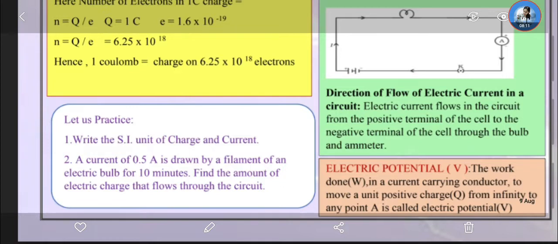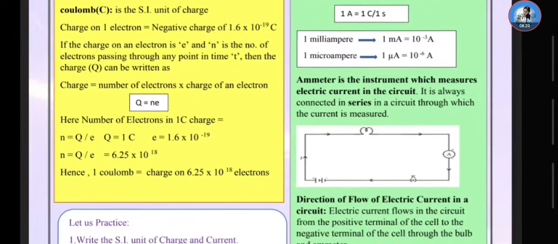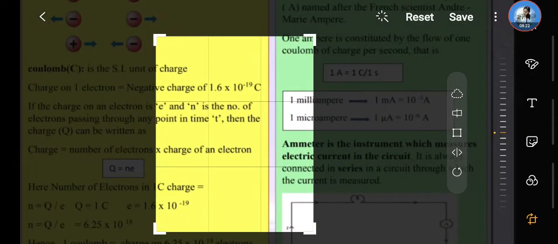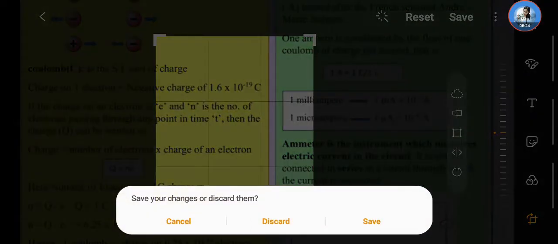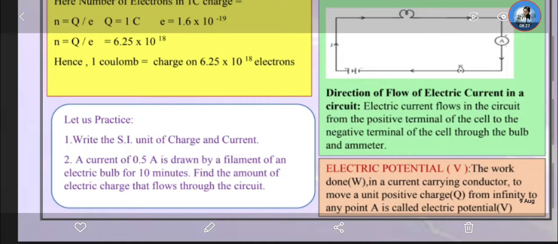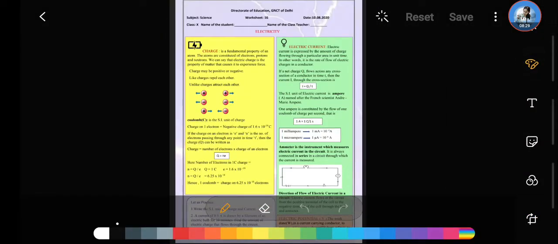A current of 0.5 ampere is drawn by a filament of a bulb for 10 minutes. So I is given here to you. Current is 0.5 ampere. I equals 0.5 ampere.